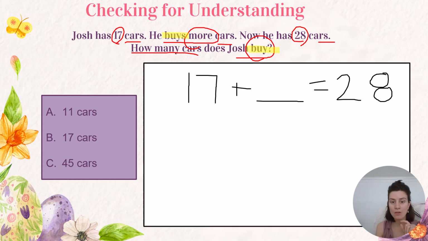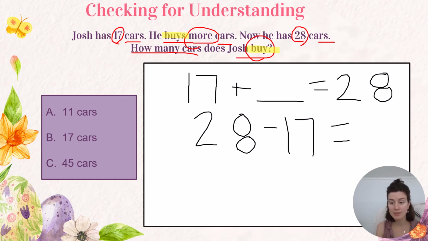In order to solve, I could flip this around to create a subtraction sentence. 28 minus 17 will give me the amount of cars that Josh bought, right? 28 minus 17 equals blank.